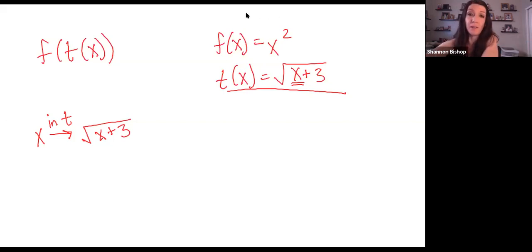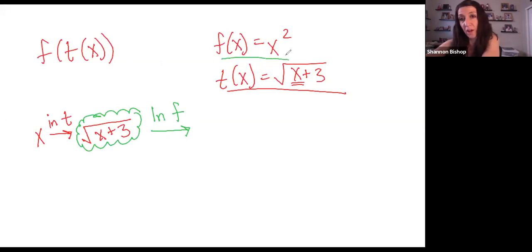Yes, but then the composition really kicks in because you're not just acknowledging t of x, you're then taking that whole function, variables and everything, and you're now going to plug it in to the function called f. So here's your function called f. See how right now there's an x? Well, what you're going to plug in for x is this whole thing. This whole thing is going to go right there.